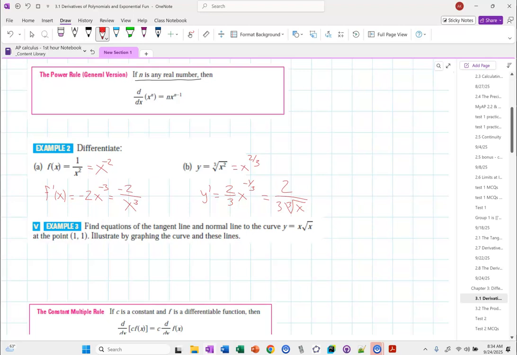The takeaway here though is that a little bit of algebra to start is often really beneficial to make the calculus easy. As we go through this, we're going to add more and more rules so that you're able to do more and more complicated looking functions.